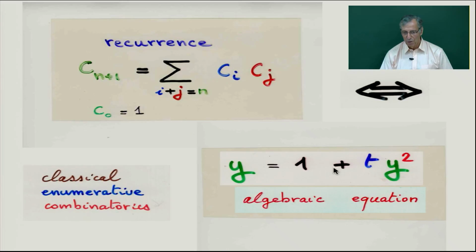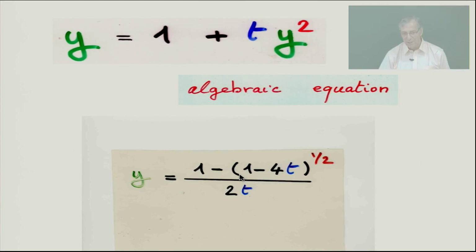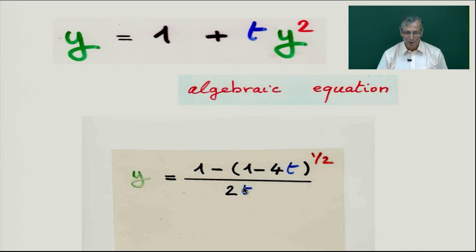Now, if you can solve this, it's a quadratic equation. Do at primary school the square root of something, as if it was a real number, so you have this, it's plus or minus the square root of this. If you put plus, then you have a problem because it begins by 1 over t, so you have to pick minus. Expand this as a binomial (1 minus u) to the power alpha, as if it was an integer.